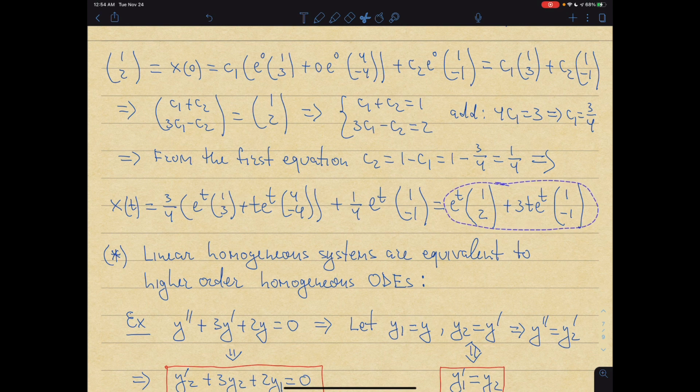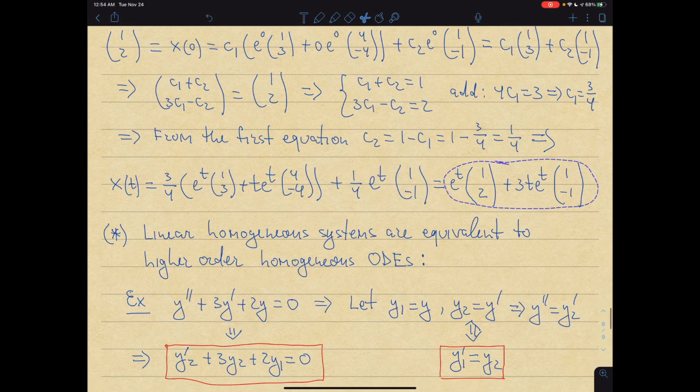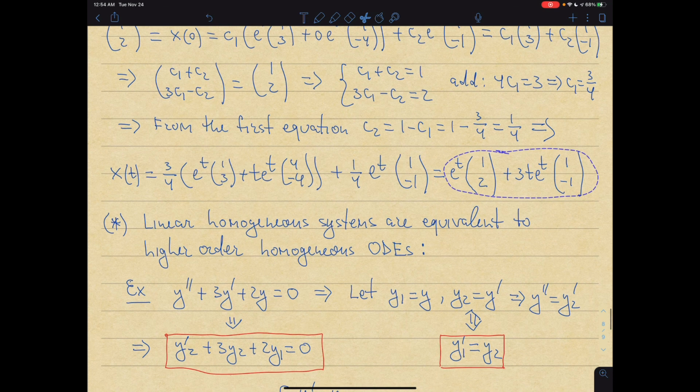All right. So the last comment that I'm going to make in this lecture is that, in fact, you can show that linear homogeneous systems are equivalent to higher order linear homogeneous equations.